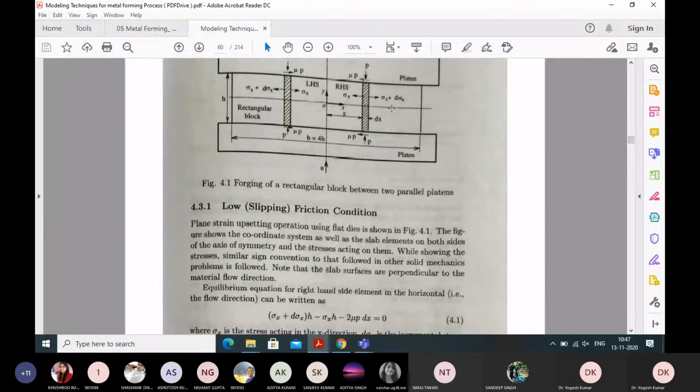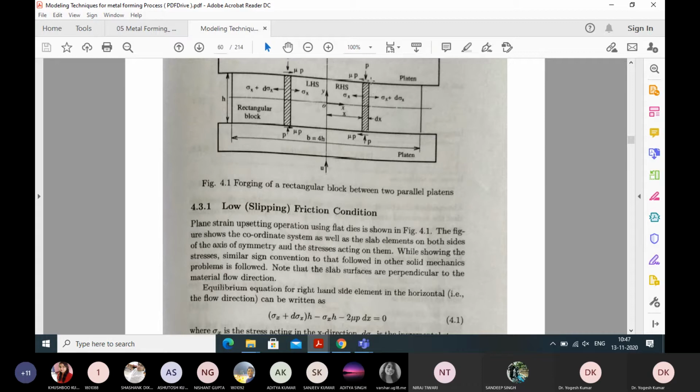So on the right hand side, sigma x plus d sigma x is multiplied by the area of this strip. The area of this strip will be h w. W has been removed in this equation because w is common. It is a simplified equation.